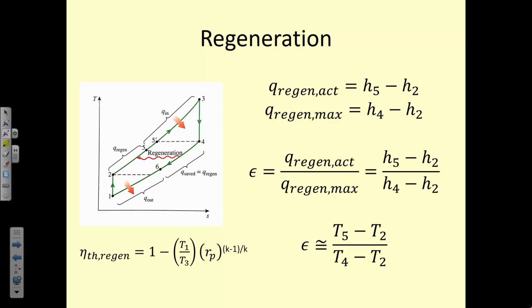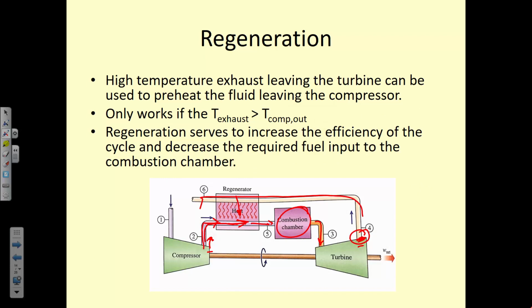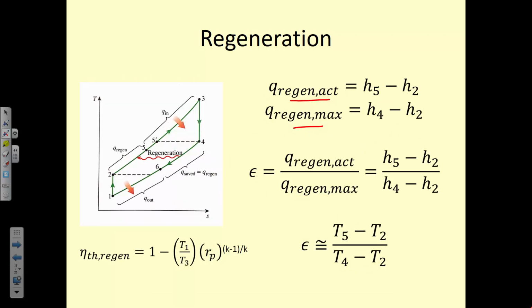So this regeneration cycle, we look at the actual regeneration and the max regeneration. So if we're assuming that 100% of the heat that we're removing from our hot exhaust gases is going into the gases as they're coming out of the compressor, we say that our regenerator is 100% effective.